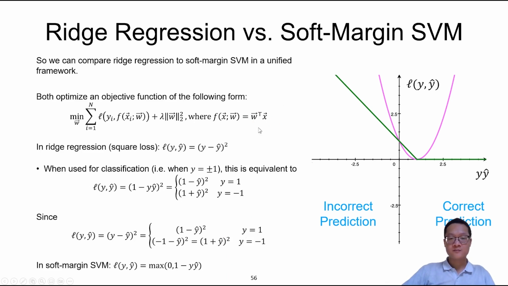Okay, so what about the square loss? Well, the square loss is 1 minus y hat, all squared. So that's basically this parabola over here.